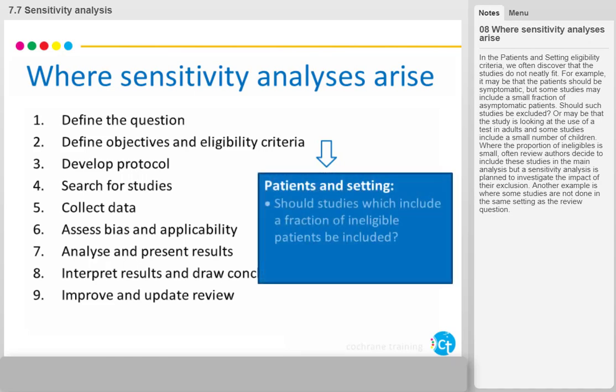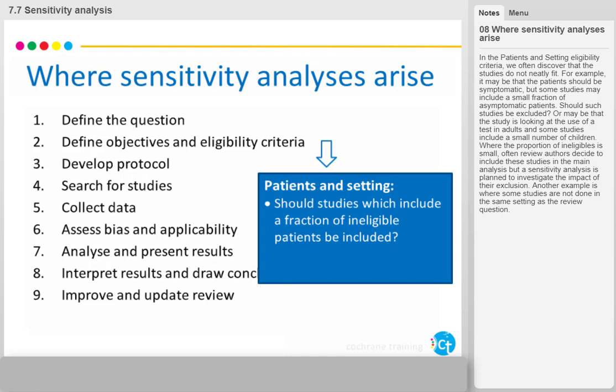In the patients and setting eligibility criteria, we often discover that the studies do not neatly fit. For example, it may be that patients should be symptomatic, but some studies may include a small fraction of asymptomatic patients. Should such studies be excluded? Or maybe the study is looking at the use of a test in adults, and some studies include a small number of children.